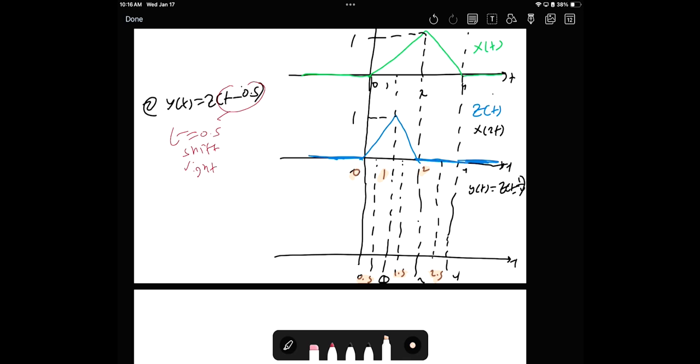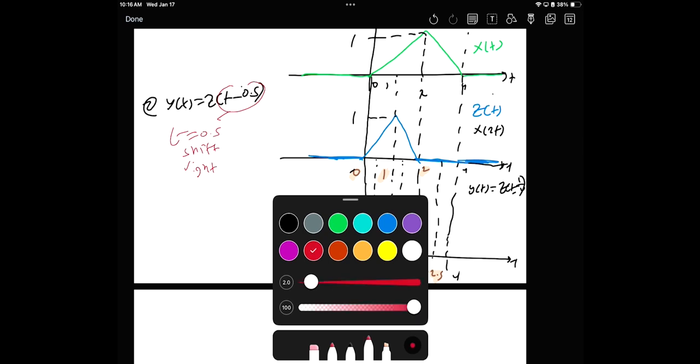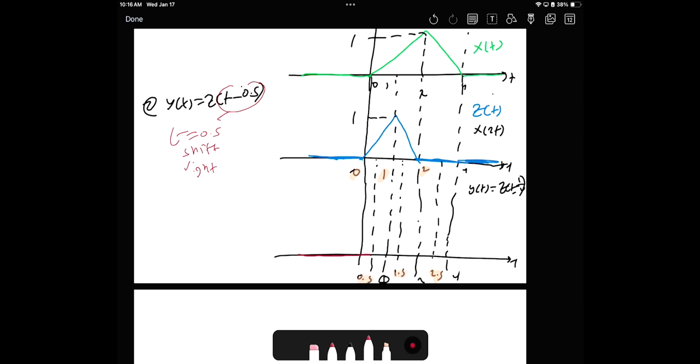By adding 0.5, because it's shifted right, it starts at 0.5, then reaches maximum at 1.5, then goes back to 0 at 2.5 and remains 0, and the magnitude remains as well. Okay? Then that's how we do the shifting. The first thing, assume z of t equals x of the scale, then do the scale. After that, you can do y of t as the shift. Okay? Is this clear?